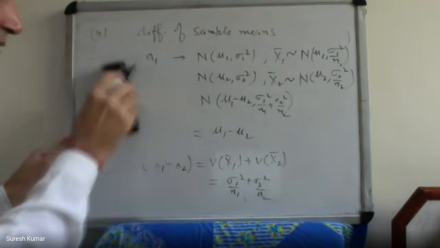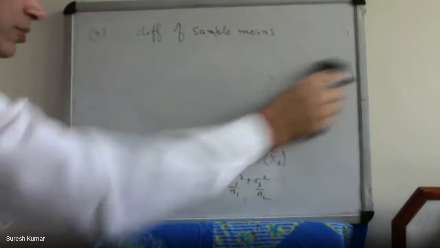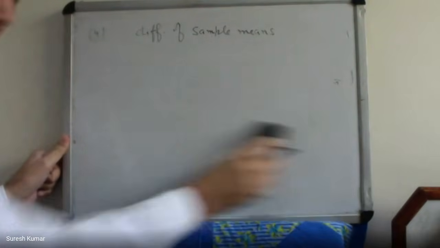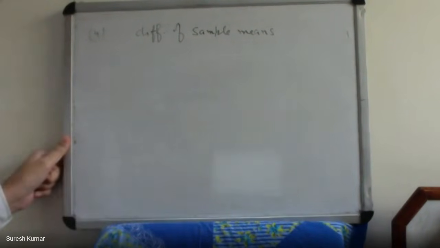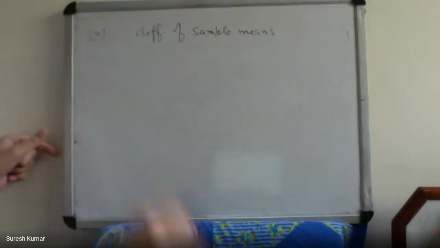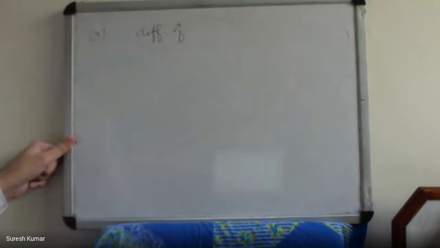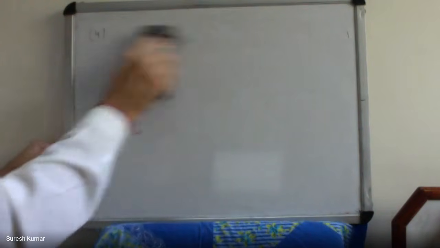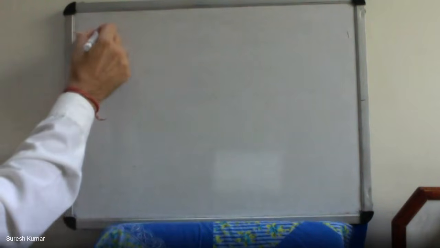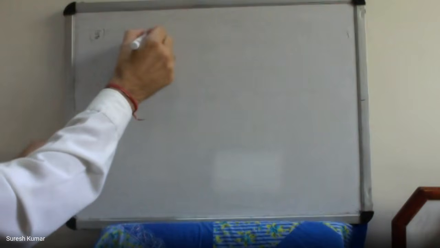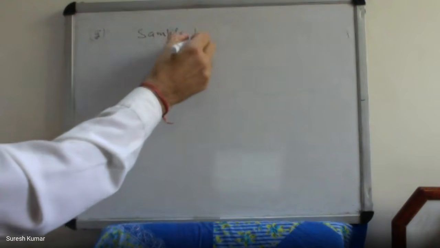Let's see the next sampling distribution. It is related to sample proportion.